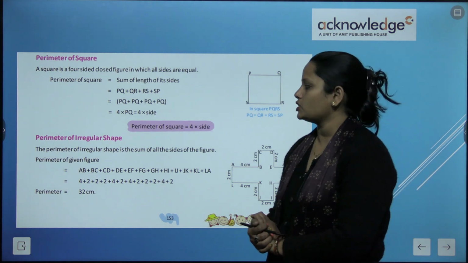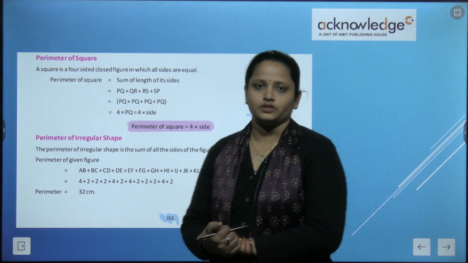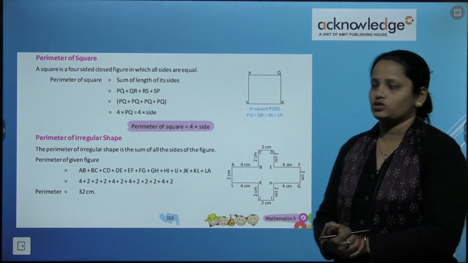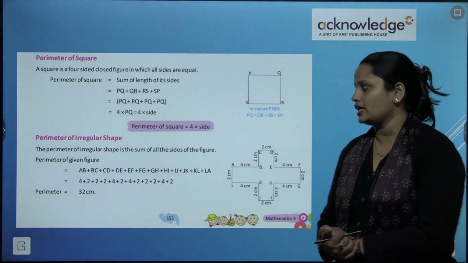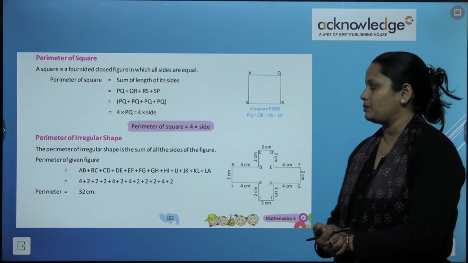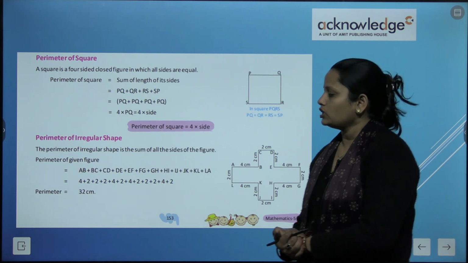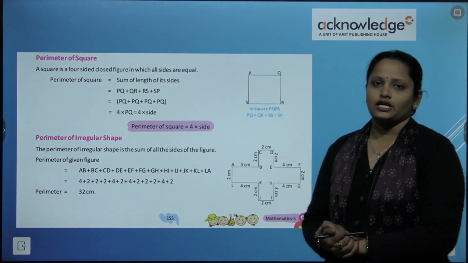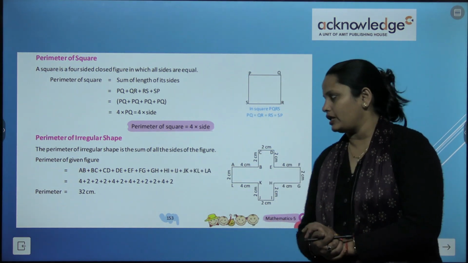Next is perimeter of irregular shapes. Irregular जो shapes होते हैं जिनका कोई particular shape नहीं है, ना वो square है, ना वो triangle है, ना तो rectangle है, ऐसे shapes का perimeter कैसे निकालते हैं? So the perimeter of irregular shape is the sum of all the sides. जितने भी sides हैं सबको plus कर दो, we will get the perimeter.